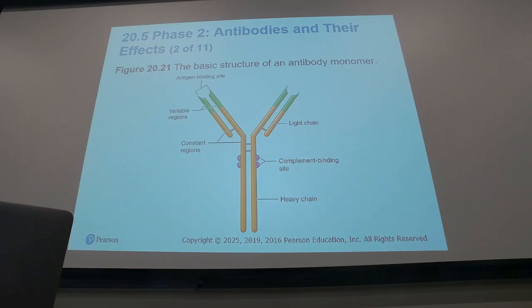So let's pretend that this is the same antibody. Let's say this is IgM and this is IgG. I have an antigen, which is the lock, and from IgM, I need a specific key, a specific antibody that binds to that antigen. So let me choose this first key, and let's see if it's specific.